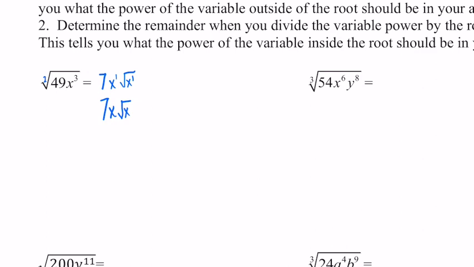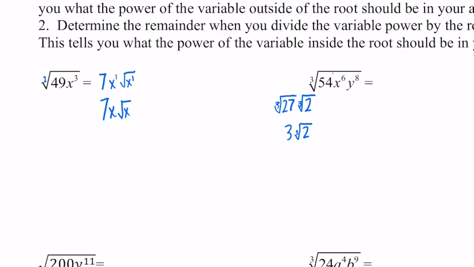For the cube root of 54, 54 is not a perfect cube, but we can split it up into 2 factors so that one of them is something that we can simplify the cube root of. 54 is 27 times 2, and the cube root of 27 is 3. So the numerical part of our answer here would be 3 cube root of 2.